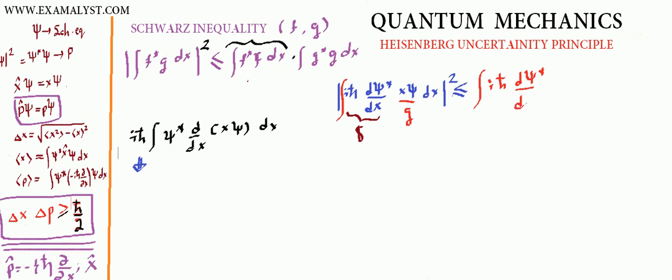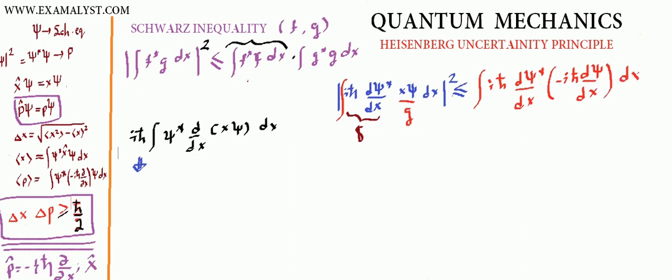This is my f, and then I'll have f star, I mean f conjugate. What will be my f conjugate? Conjugate means just convert i to minus i and take the conjugate of any other function. So what will be the conjugate of psi star? You'll get psi. This becomes my first term of the Schwarz inequality relation.